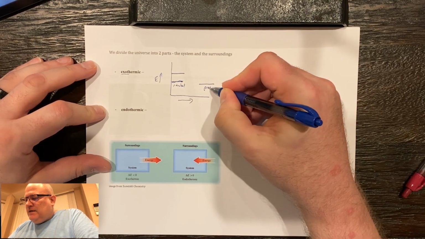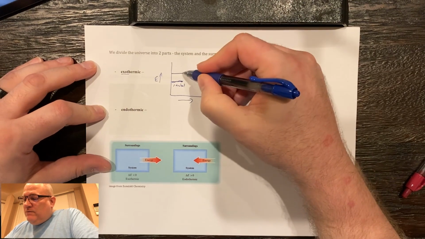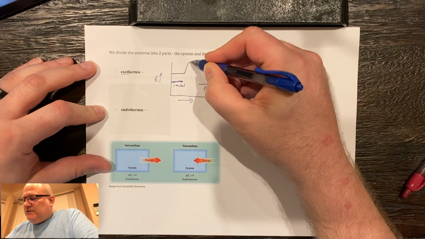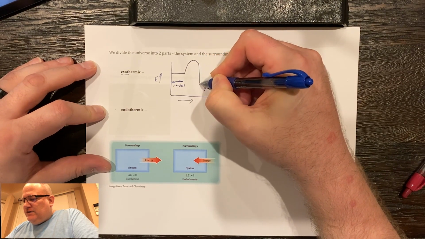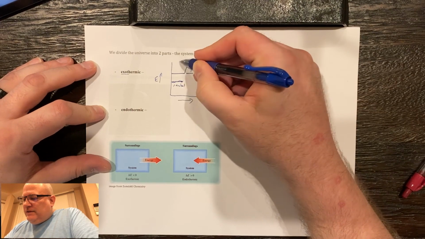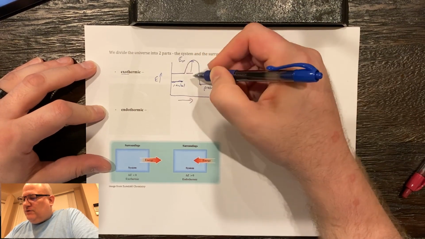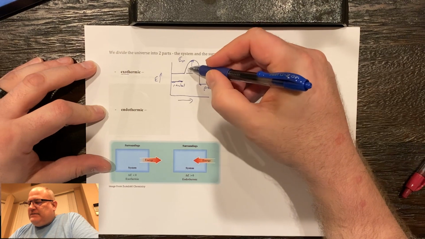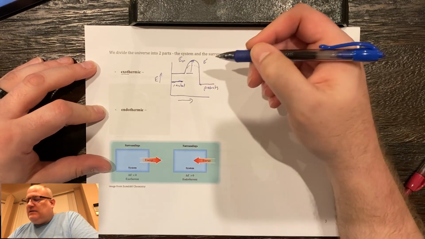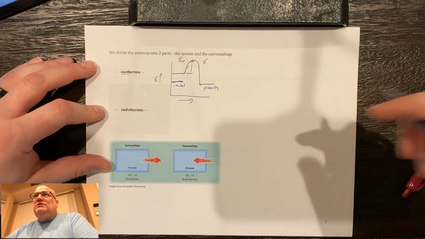When the reaction starts going, in order for it to truly get going, it has to overcome this activation energy. From here to right here, we call that the energy of activation, or Ea for short. That can sometimes be lowered if you have a catalyst, something that causes the reaction to work a little bit better.